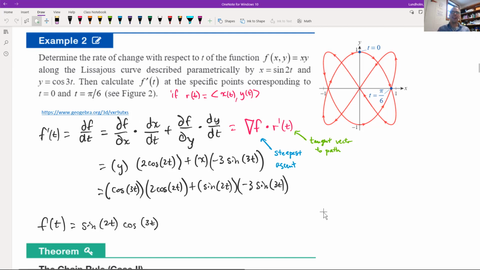And so, yeah, you can again view this as the dot product of the gradient vector, and the gradient vector in this case is the partial derivatives with respect to x and y. So if we take the partial derivative of f with respect to x, we just have y.